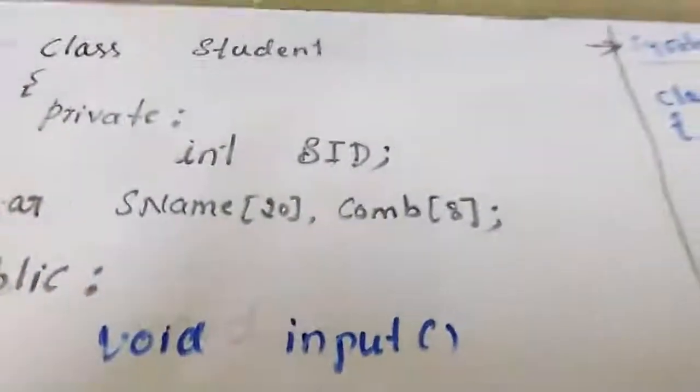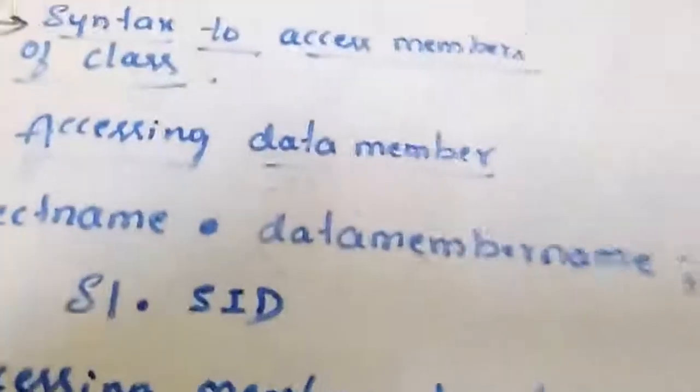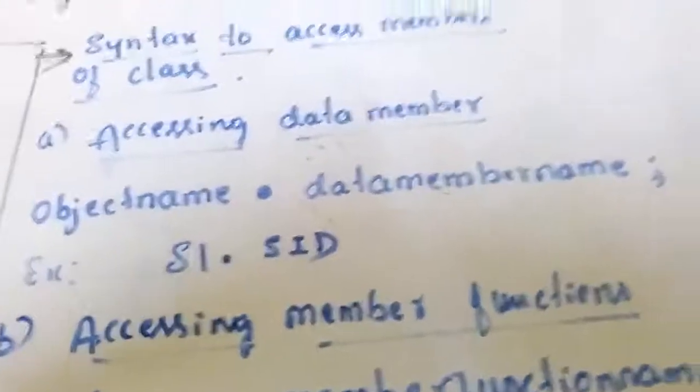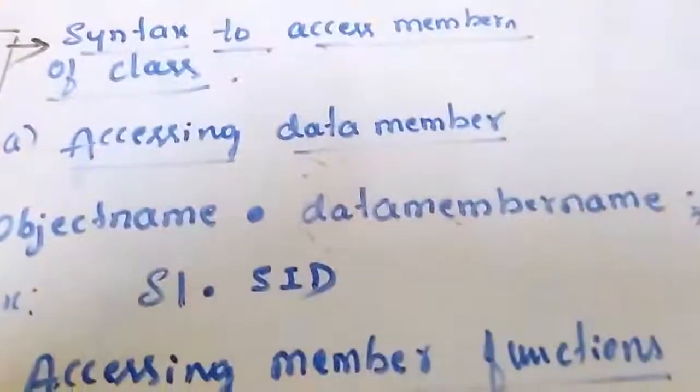If SID were in a public section, you can directly access it in the main function using object name and dot operator. By considering that example, I have taken the general syntax here. Accessing a data member: object name dot data member name semicolon. Object name s1 dot SID.